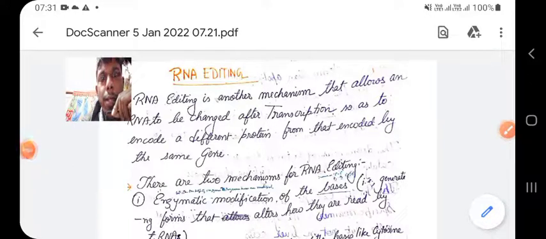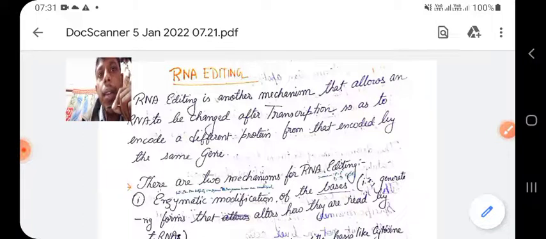So, students of BT third sem, today I am going to discuss with you all about RNA editing. So let's get started now. This RNA editing is given in your genetics syllabus. It is a part of molecular biology.